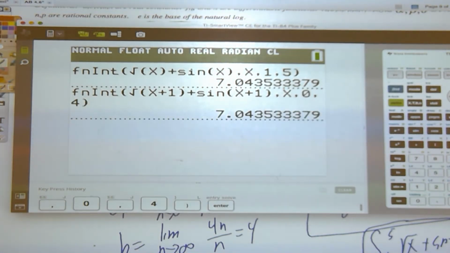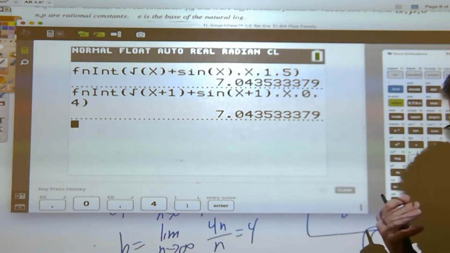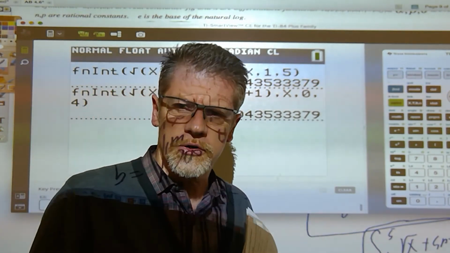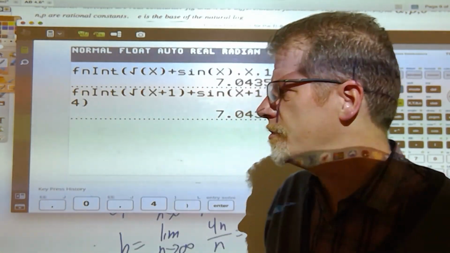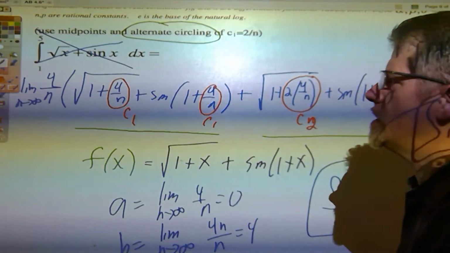Hopefully that gives the exact same answer. It does. So this alternate circling example just shows that as long as your circling is consistent in terms of what the pattern is in the first term, the second term, and the nth term, then it's a legitimate circling. Some students will circle things differently.